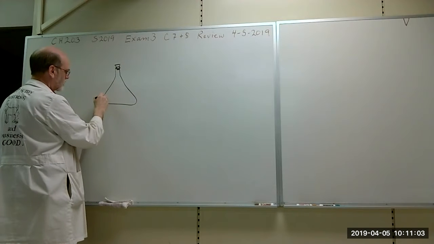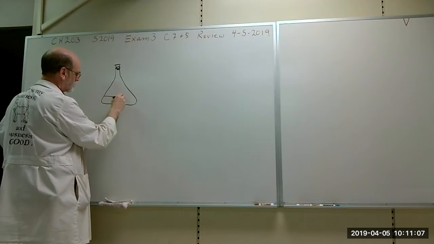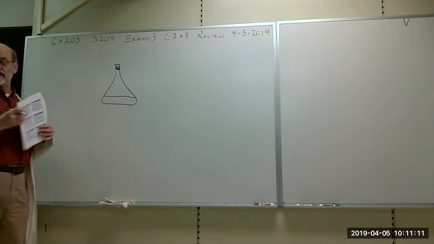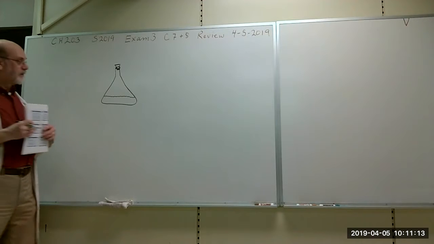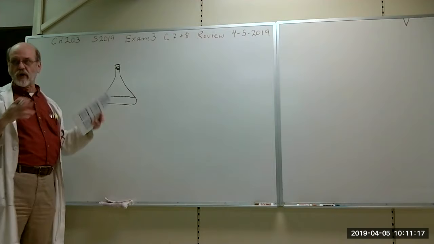And you have liquid down here. And you can have air there if you want, it doesn't matter, right? Because partial pressure means that if we put the stopper in there, then it's 1 atmosphere to start with.